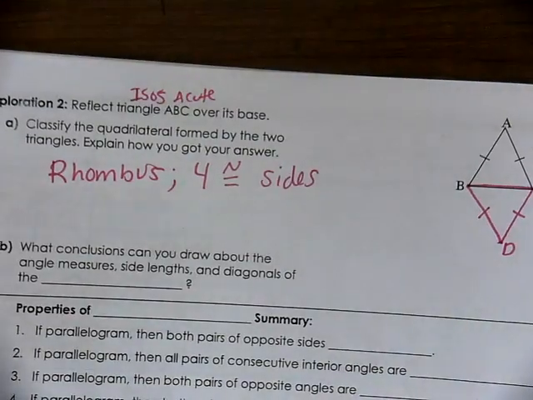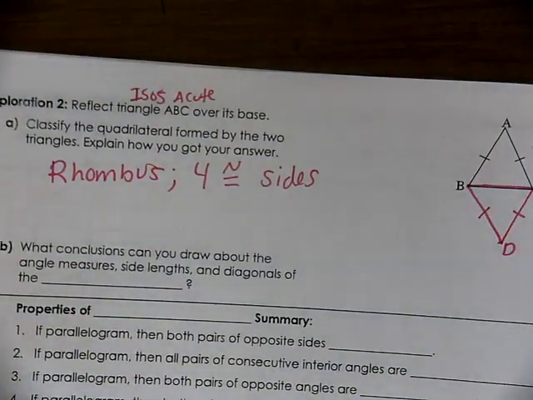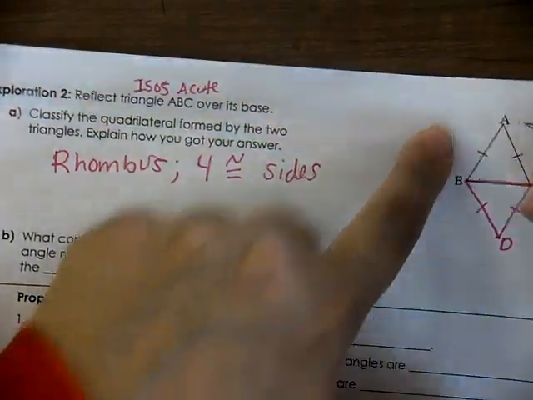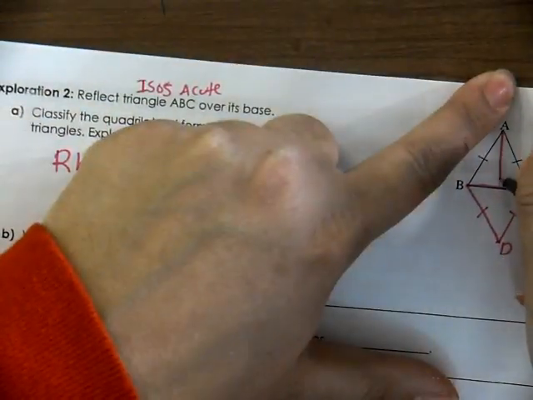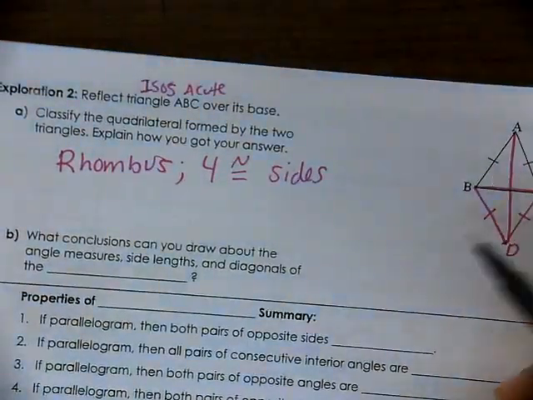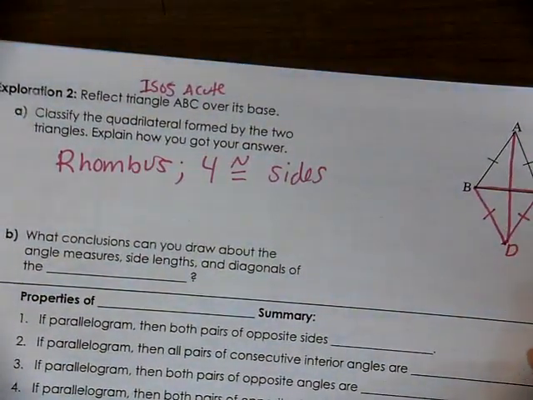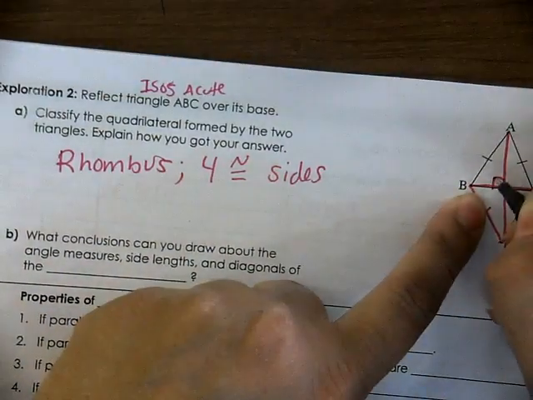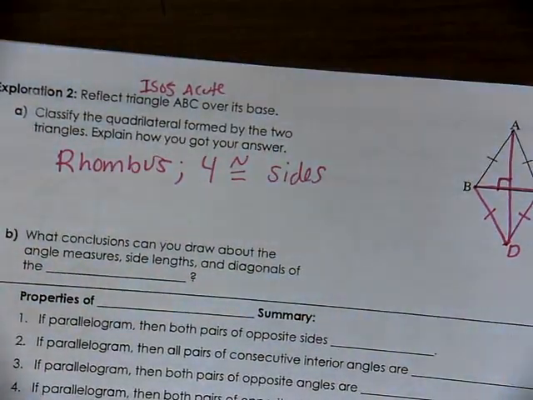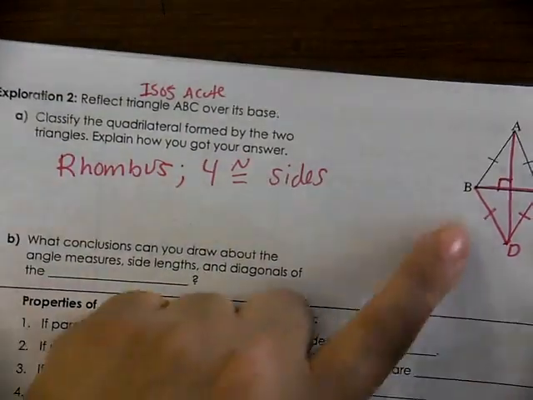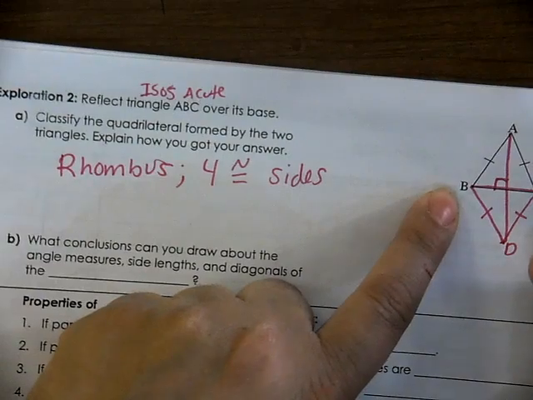Now, in addition to having 4 congruent sides, a rhombus has more. We already have one diagonal drawn in here. Let's draw the other one. Notice that the way I've drawn it hopefully helps you to see that these 2 diagonals are perpendicular. And they always will be. Sometimes the rhombus won't be drawn this way. It might be shifted, and so it'll be harder to see vertical and horizontal lines.